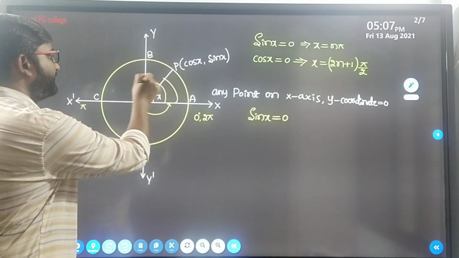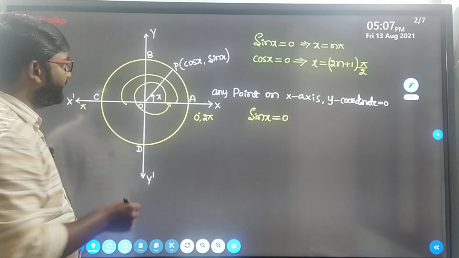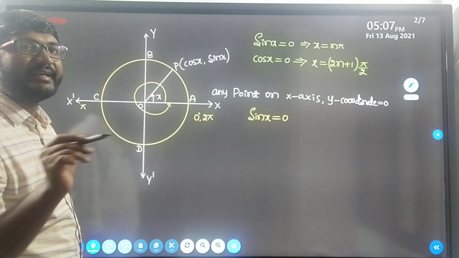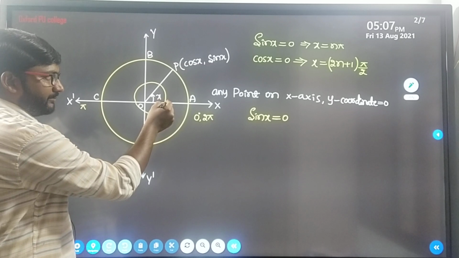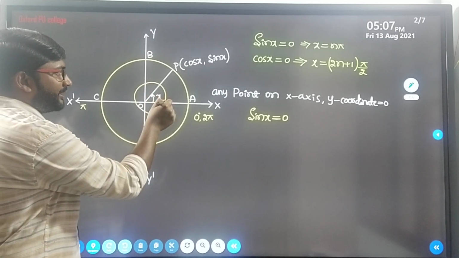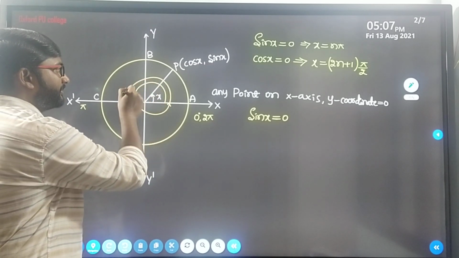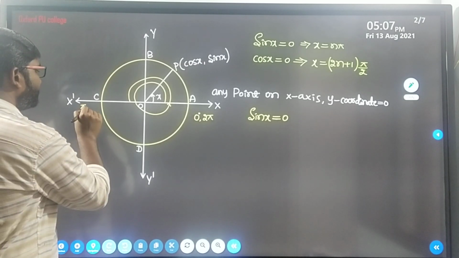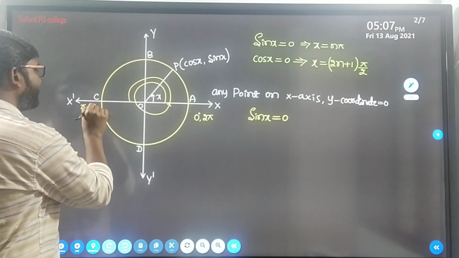If we take only this, it is pi radian, and if we take this entire revolution, it is 2 pi radian. Now from this I'll go for one more rotation. So from here to here, it is 3 pi radian. I write 3 pi here.